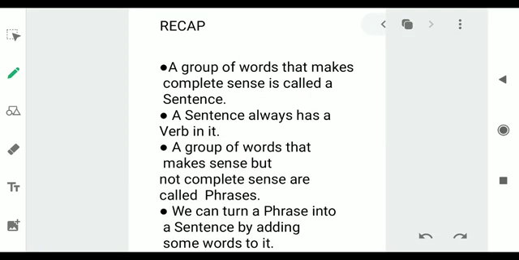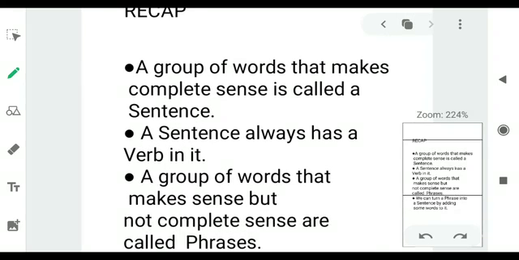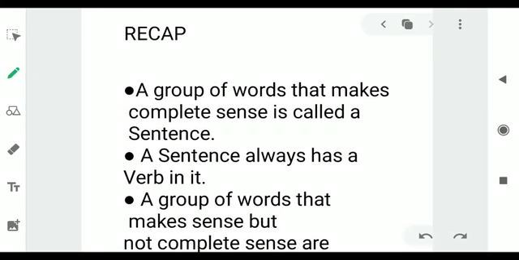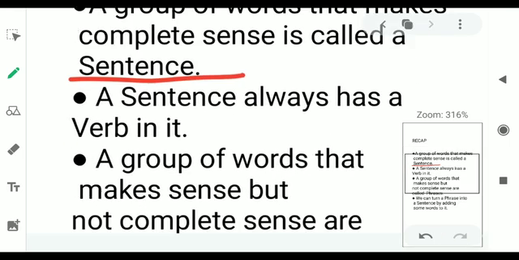Yes, students. The first point of this recap says a group of words that make complete sense is called a sentence. This is the definition of sentence. The second point, the sentence always has a verb in it. Okay, students, we have studied it. We have taken many examples for it. Now let's move to the third point.